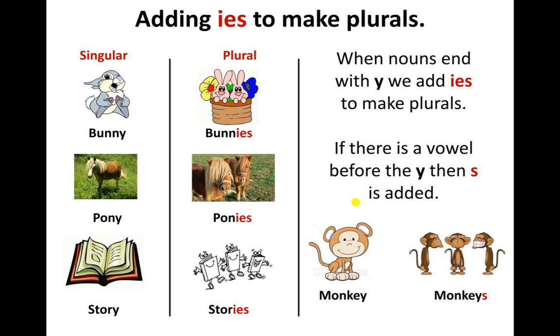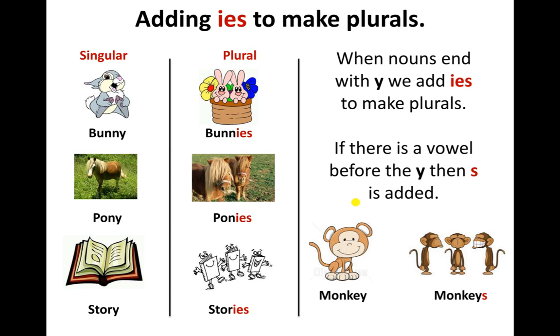If you find any vowel letter, vowel letters such as A, E, I, O, U. So if you find any of these letters before the end letter Y, the end letter has to be Y, okay? So if you find any of these vowels before the end letter, that is Y, then we will add only S and not ES, such as monkey.